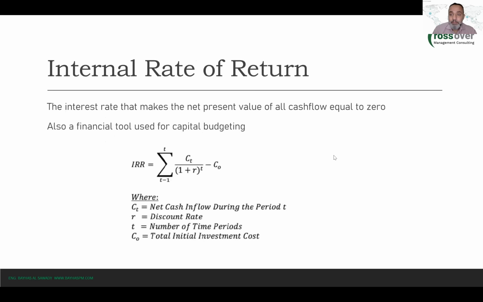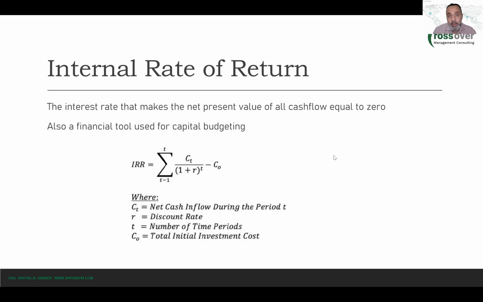Now, the most accurate financial measure for us when comparing between projects is the IRR, the internal rate of return, which is the interest rate calculated when the net present value of all cash outflows equals the net present value of all cash inflows. Inflows equal outflows. So what is the interest rate at this point?